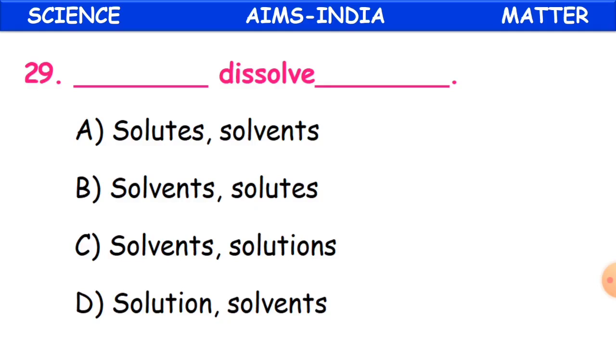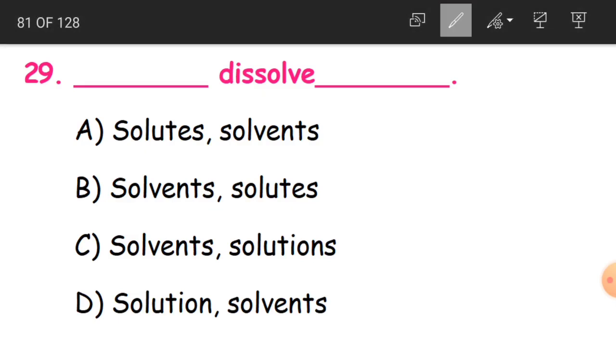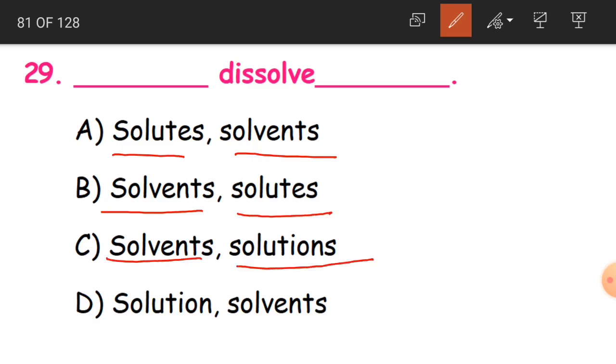Okay children. Now the 29th question: blank dissolve blank. In today's first question we have learnt about this. Which is going to dissolve the other one? Is it solutes, solvents; solvents, solutes; solvents, solutions; or solution, solvents?